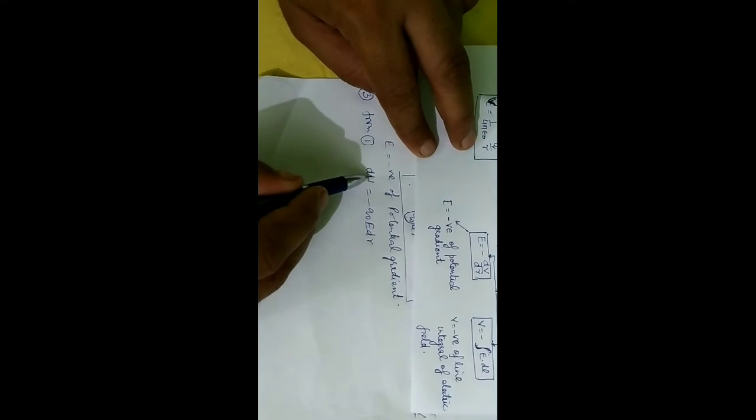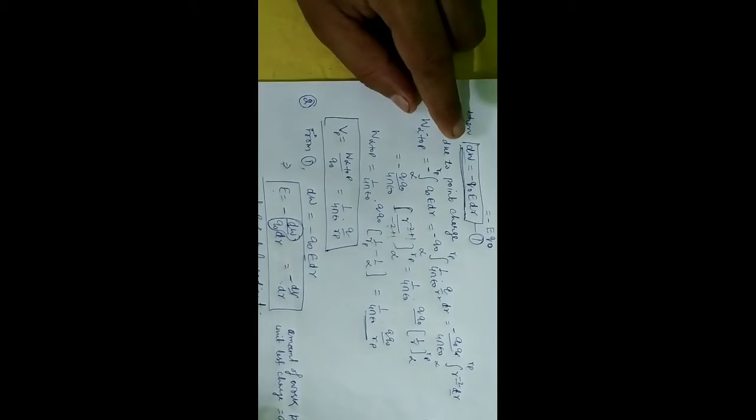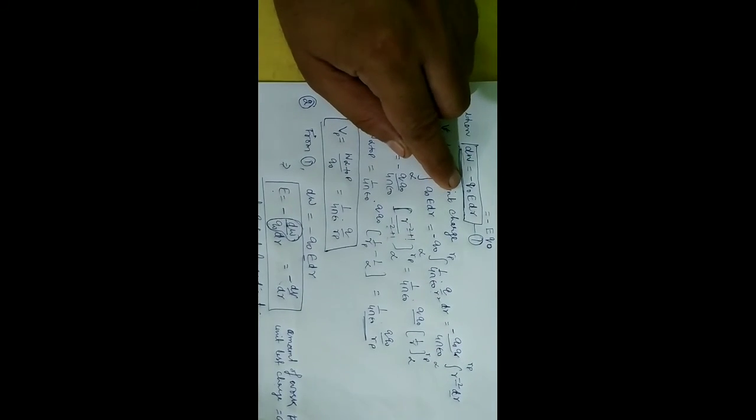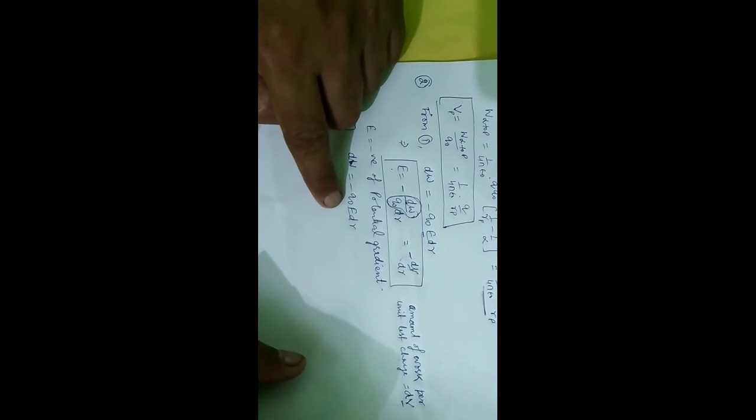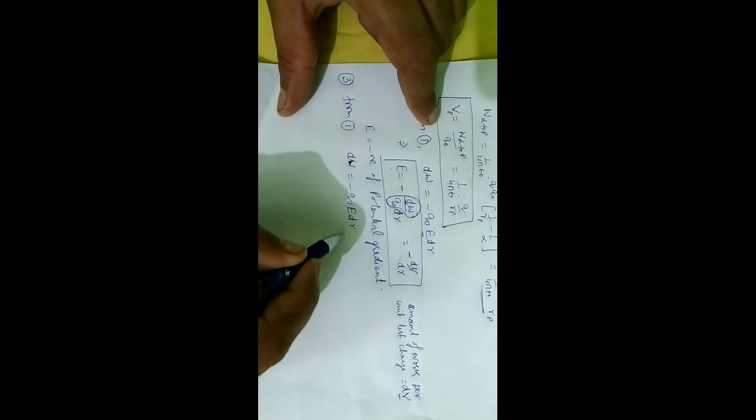See here, from 1, dW is equal to minus q naught E dr. Here I want to calculate electric potential.